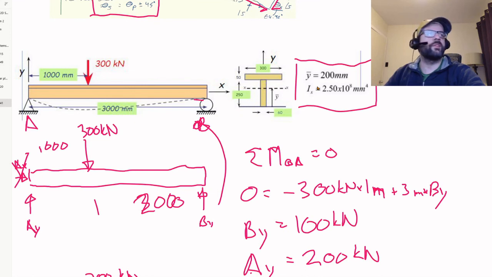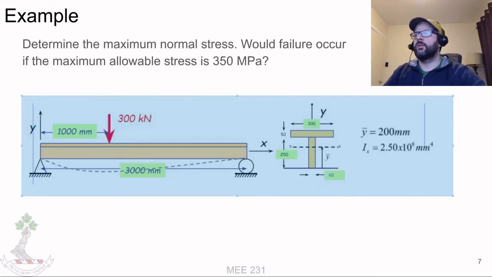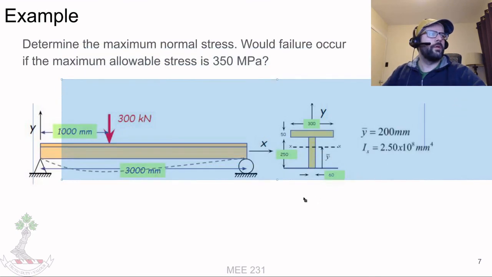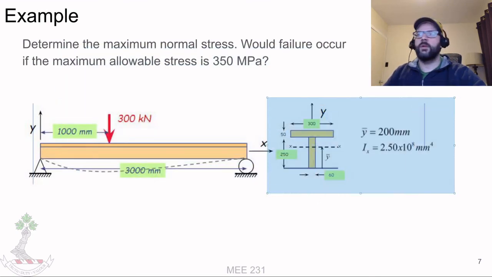So if we want to calculate our bending stress, we need to basically figure out where the neutral axis is on this structure.